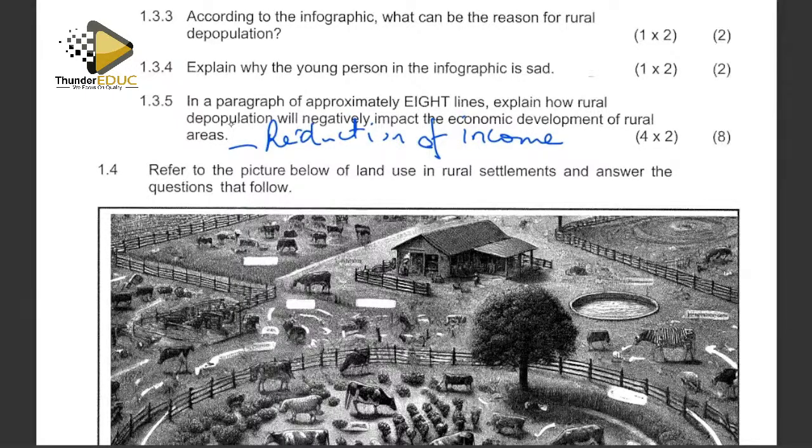It also means the circulation of money in the economy is going to be low and the income level in the rural area is going to get reduced. Then we can also look at the development of ghost towns. The economy will be featured with ghost towns, abandoned buildings as people move away from rural areas. And also we can talk of closure of services.